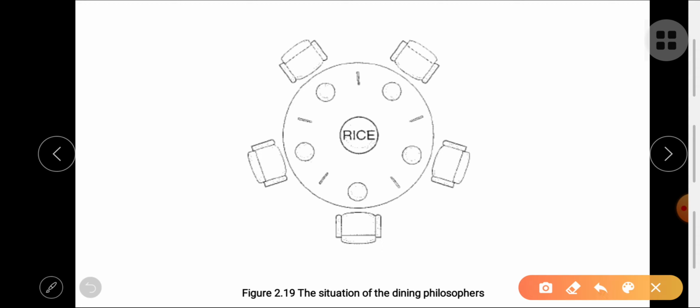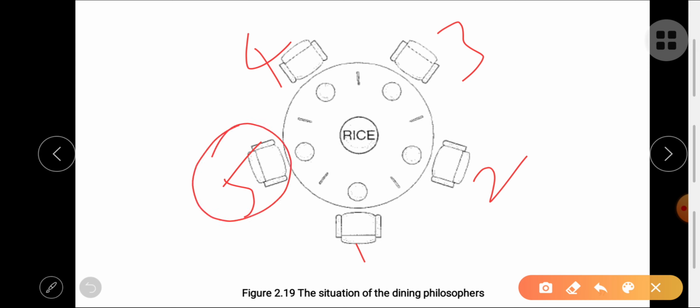So here this is 1, 2, 3, 4 and 5. If philosopher number 5 wants to eat this food, he has to take a chopstick from the right side and a chopstick from the left side. But if this one wants to eat the food, then he cannot take this chopstick, because the fifth philosopher has already taken that chopstick.